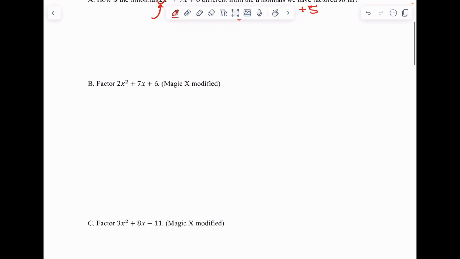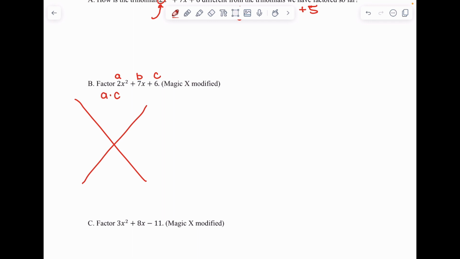In B, it says factor 2x squared plus 7x plus 6. Remember, we label A, B, and C. When we have a value in front of our x squared, not only do we put C on the top, but we multiply A times C on the top.